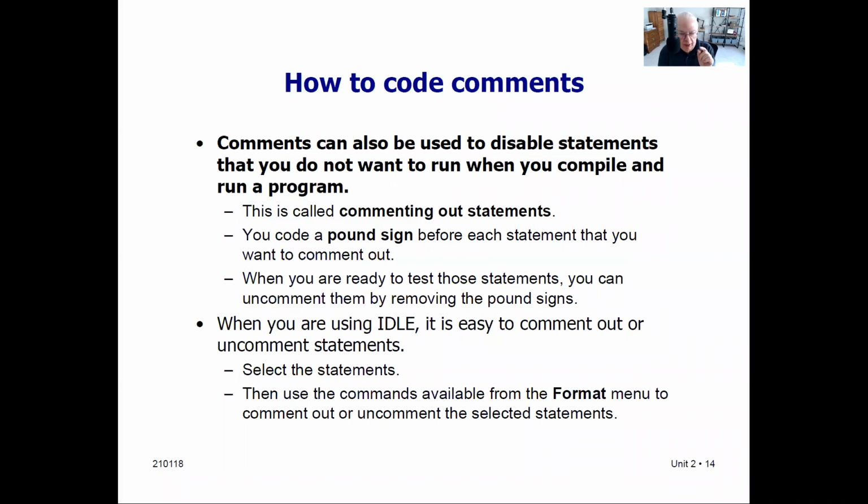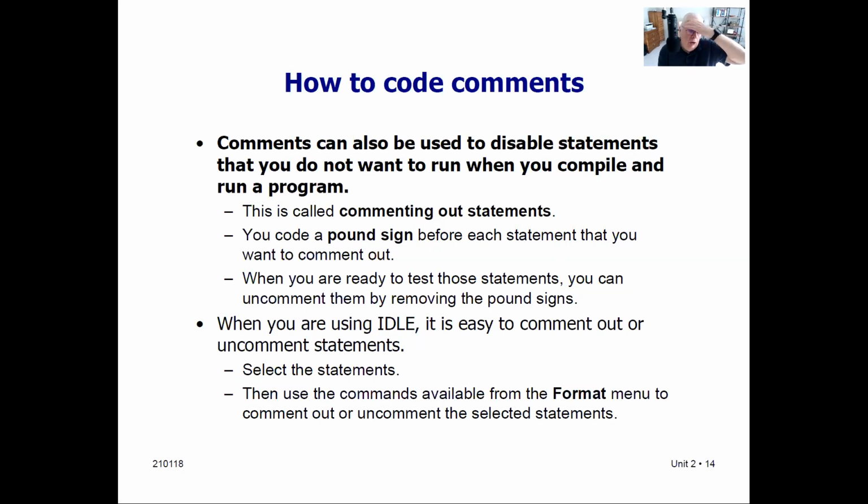Another feature of comments, and this is very helpful, as you're working with your code and testing it, is that you may want to just turn some code off. I don't want to delete it, but I want to turn it off so I can do something else. Maybe the compiler is not compiling and you want to comment out the code that's causing the problem and go ahead and compile without it.